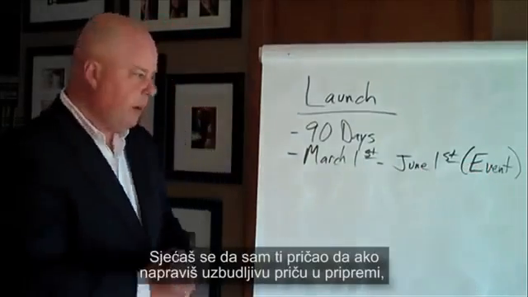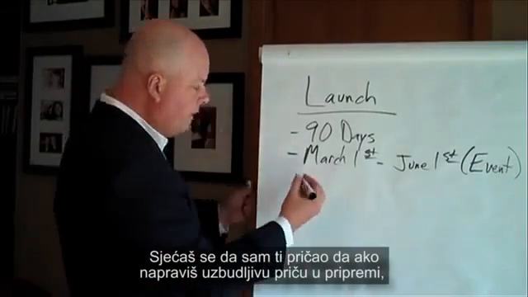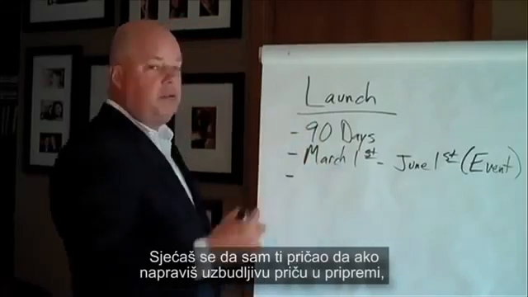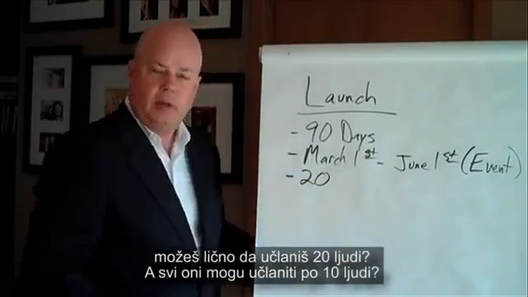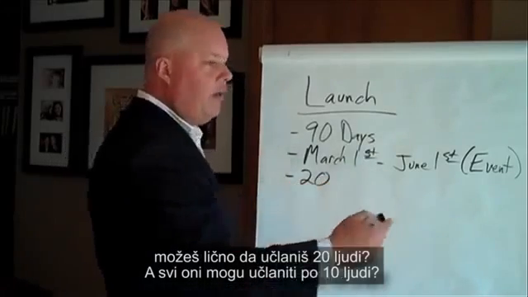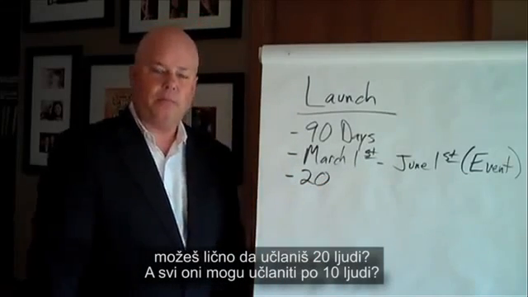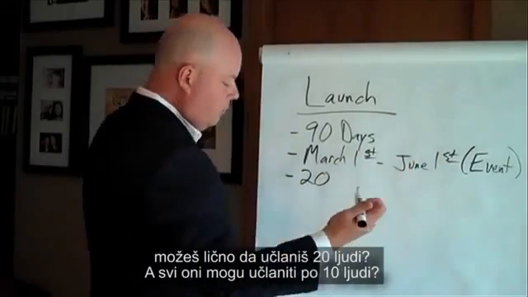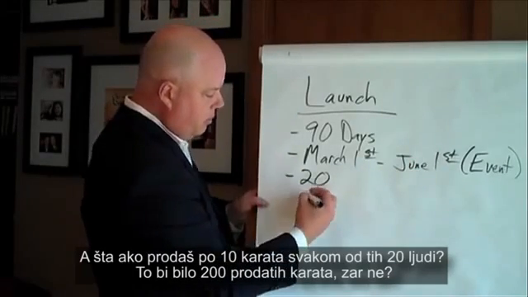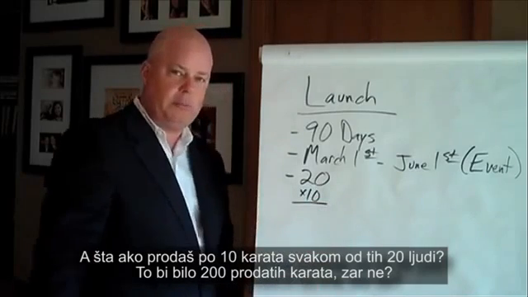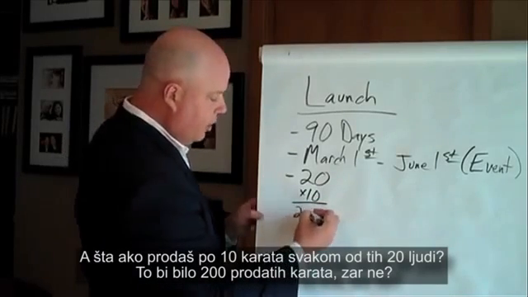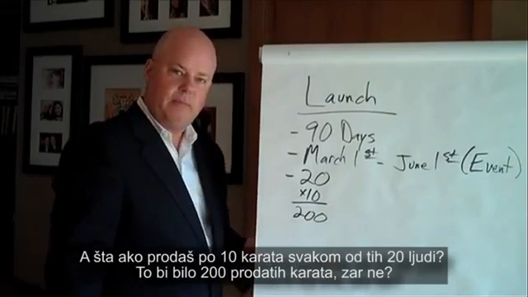You're going to figure out how you're going to get people into that room. Remember I told you the story that if you do a compelling pre-launch, you can recruit 20 people. And those 20 people could each go out there and recruit 10 people. Well, what if you sold 10 tickets to each of those 20 people? That would be 200 tickets, right?